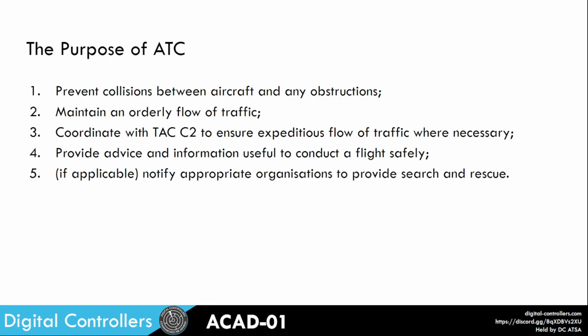Then we also want to maintain an expeditious and orderly flow of traffic to make sure that everyone gets to where they're going as efficiently as possible, as a collective. To do that, we might sometimes have to delay one aircraft, but in general, everything will be more efficient.